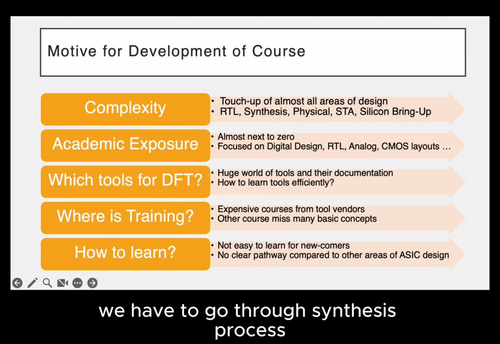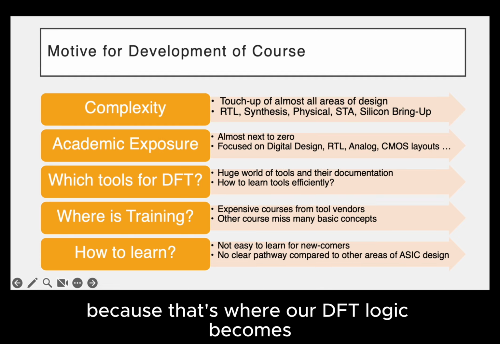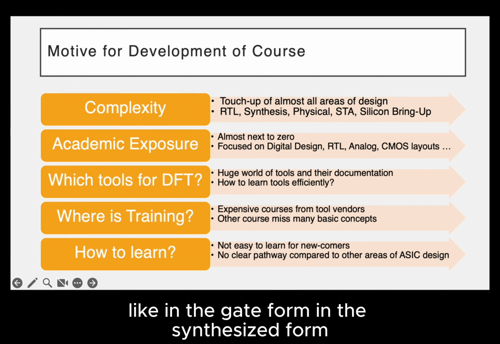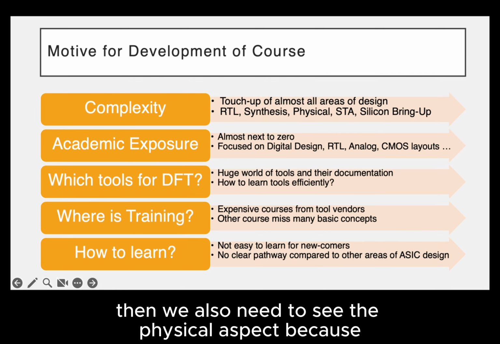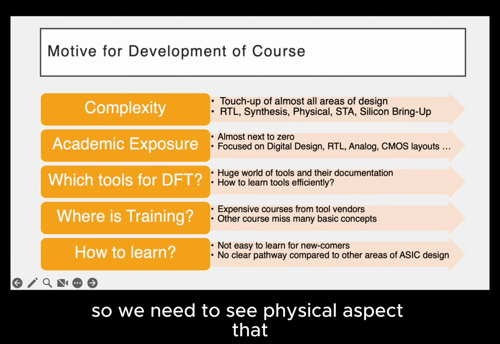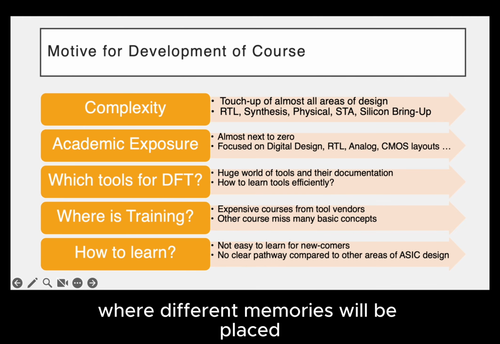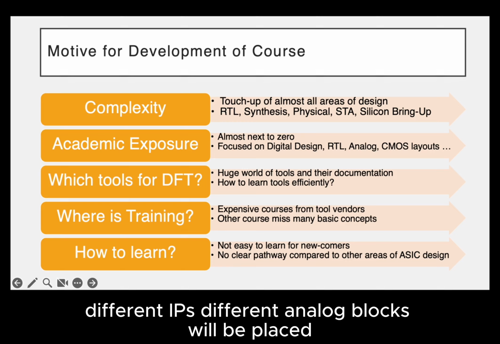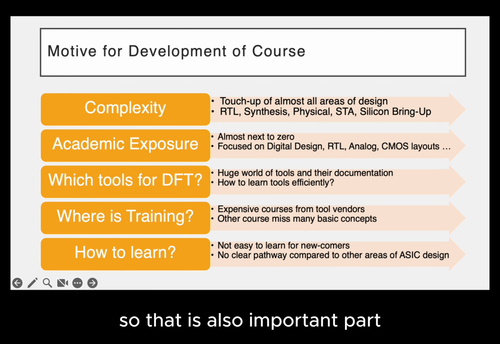We have to go through the synthesis process, because that's where our DFT logic becomes gate-level, in the synthesized form. Then we also need to see the physical aspect, because a chip can have a lot of memory. So we need to see where different memories will be placed, where different flip-flops, different IPs, and different analog blocks will be placed. That is also an important part.